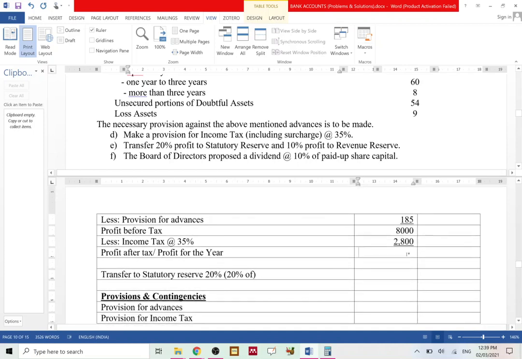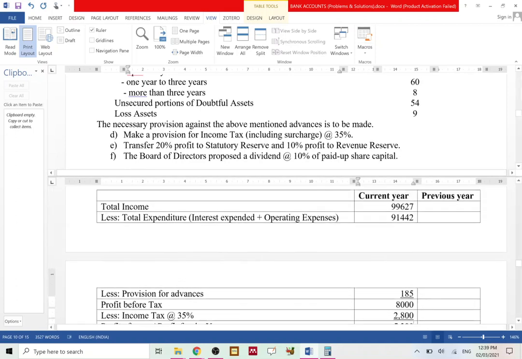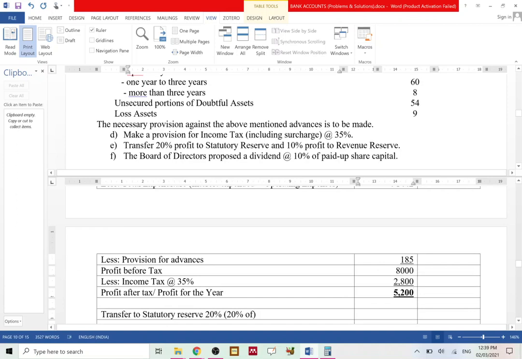Alright. So after deducting the amount, the profit after tax or the profit for the current year that we get is 5,200. Okay. So this is how we arrive at the current year's profit calculation.